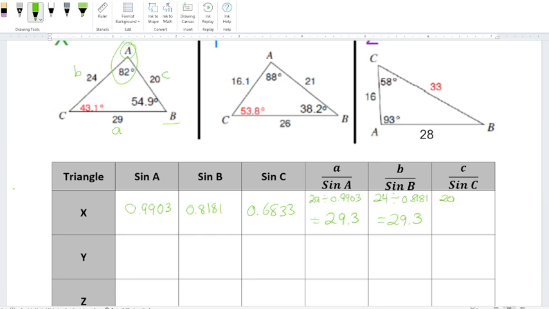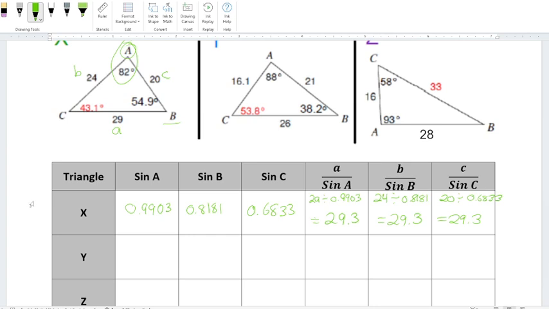This is going to be 20 divided by the sine of C, which was 0.6833. And that gets us about 29.3. So I'll pause it here.